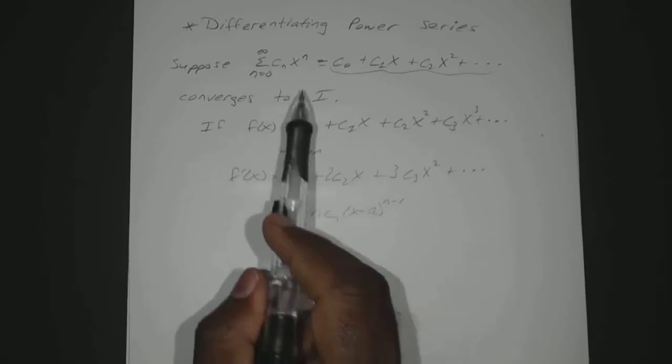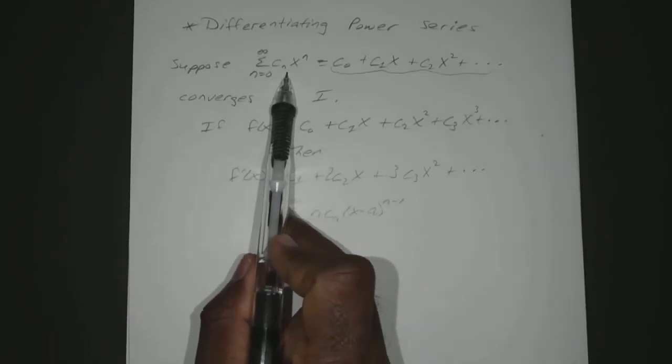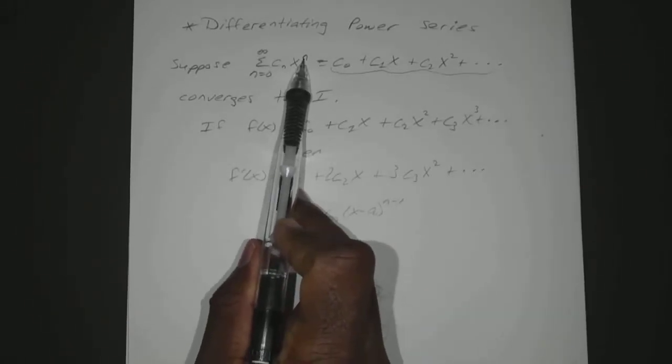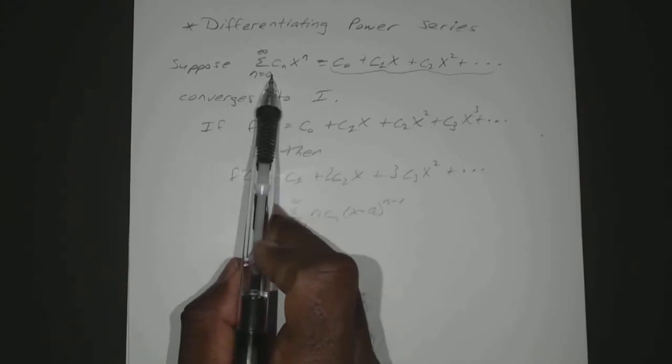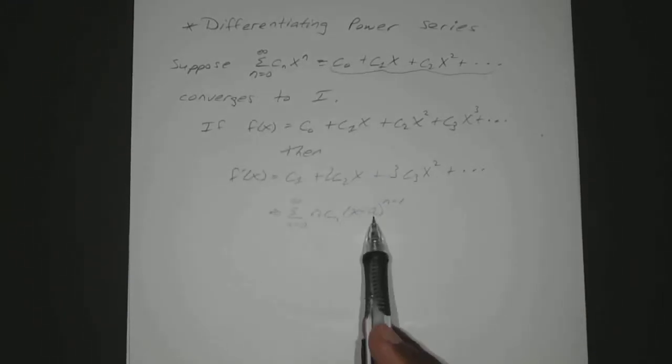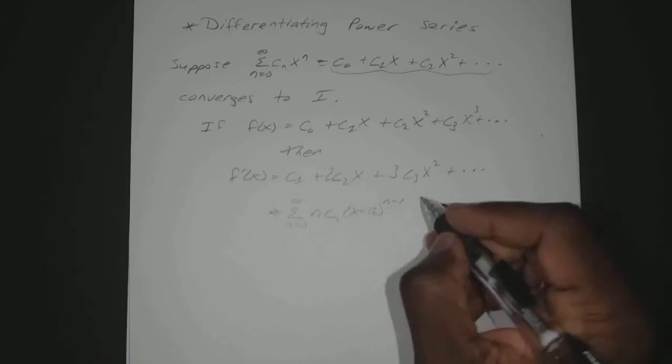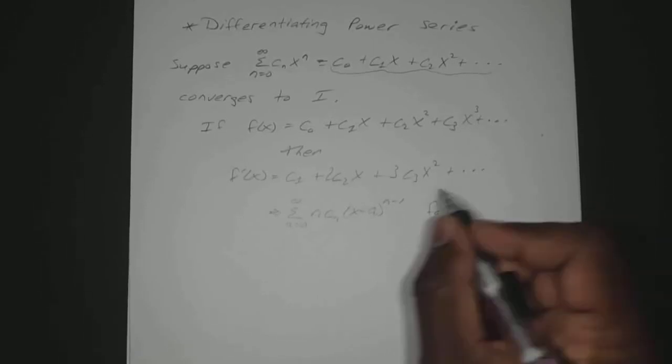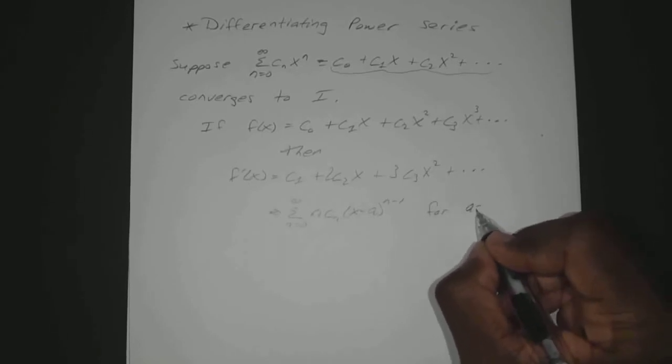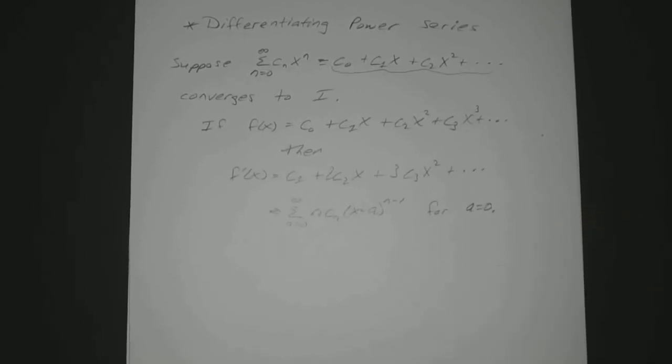So if you look at it, all you really did with your original power series, just like with any other derivative for the power rule, is bring down the n and subtract 1. The only difference is here you have the general form with the x minus a. But for this particular one, we have a equal to 0. Okay, so that's kind of how the power rule came about.